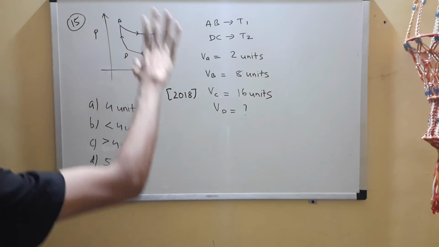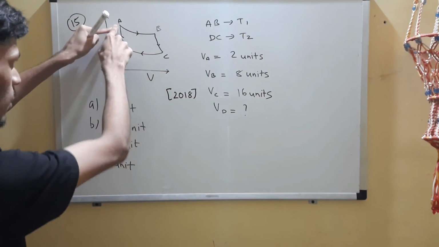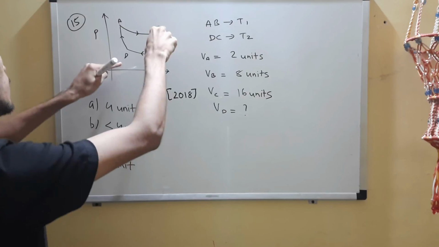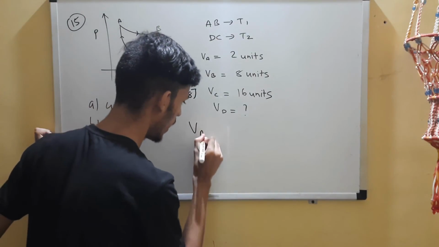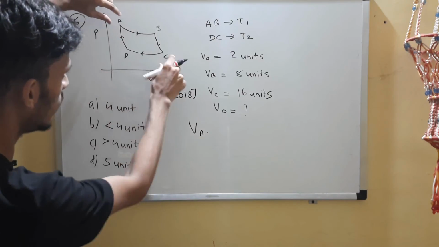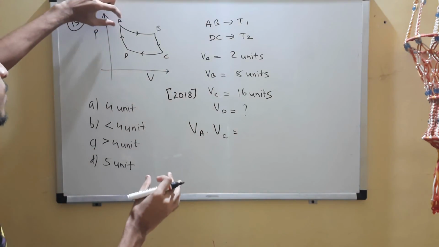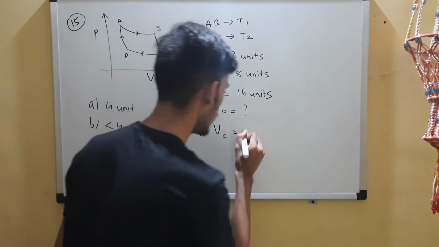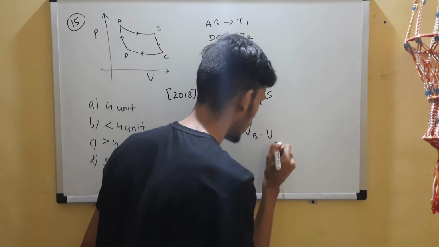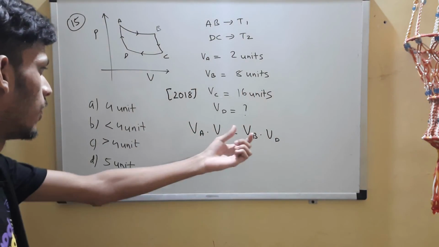In a Carnot cycle, volume at A into volume at C equals volume at B into volume at D. So VA into VC equals VB into VD. This is the shortcut way. Now you want to find VD, right?